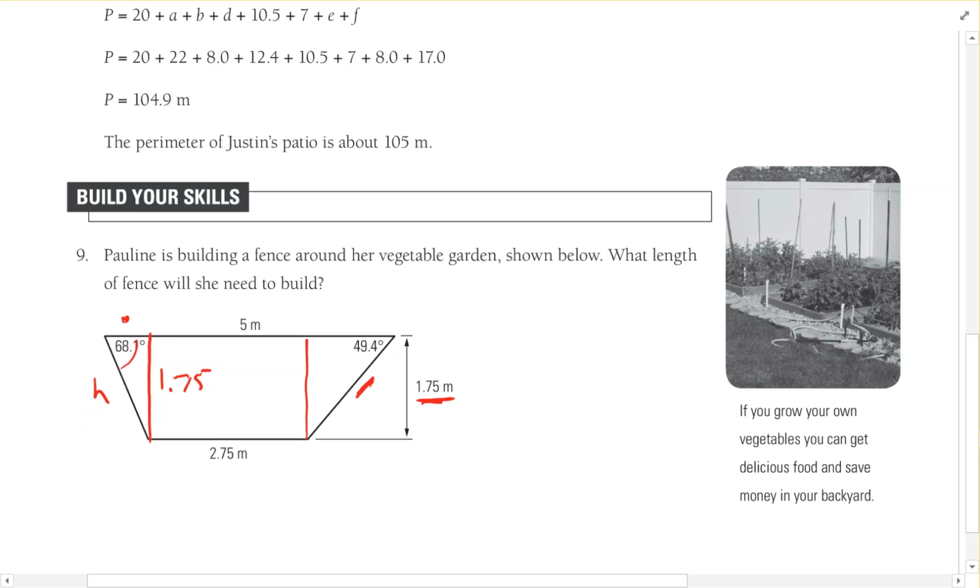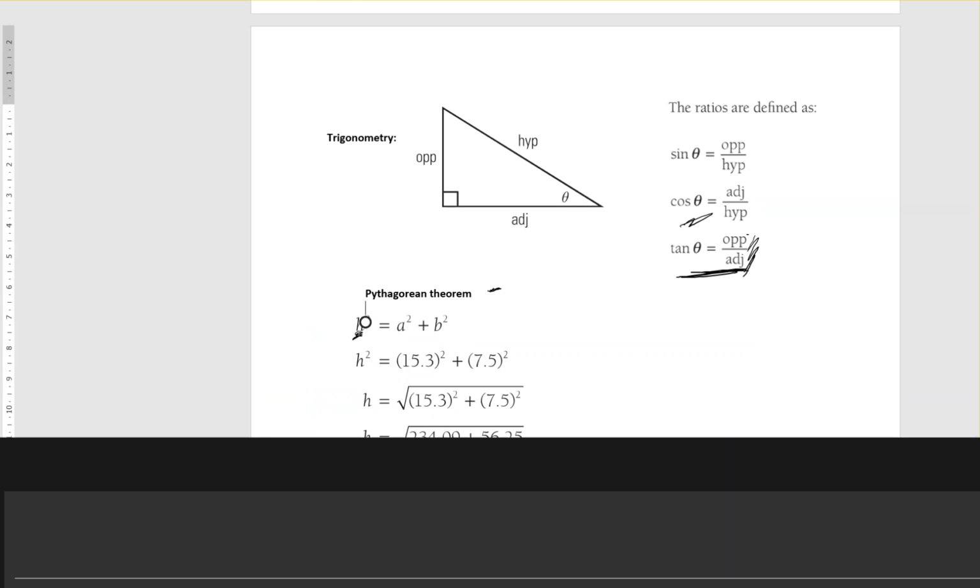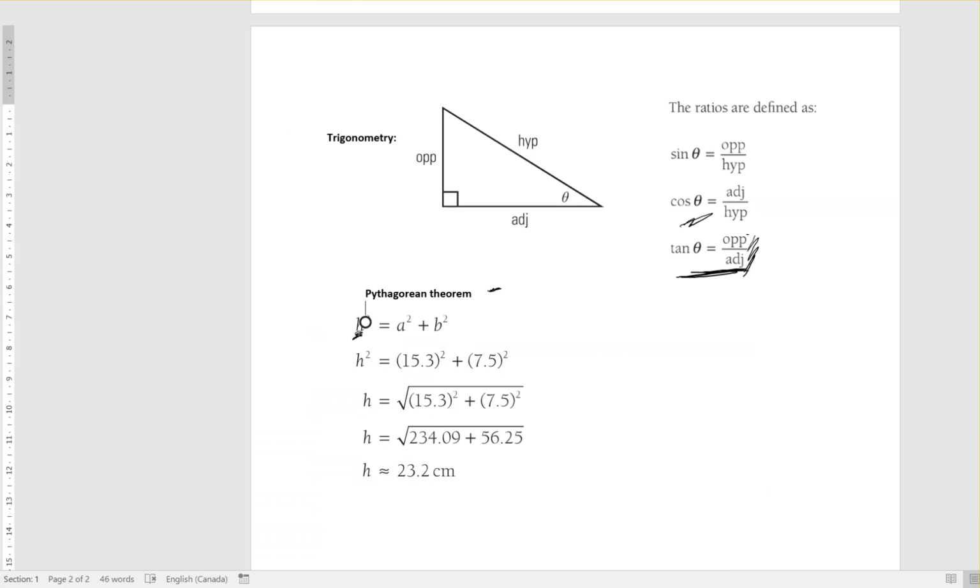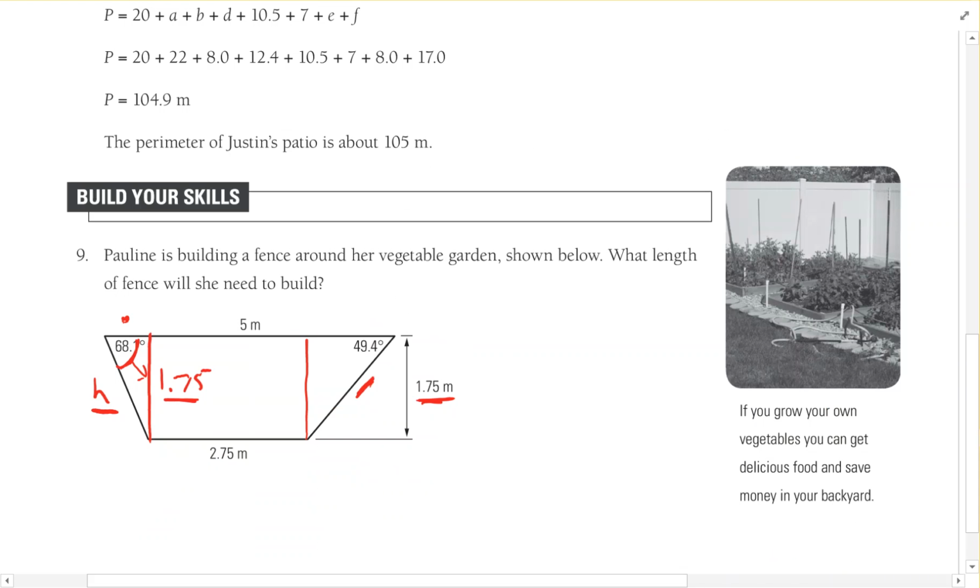But then we know this angle here, right, 68.1. So now we know the opposite, this is on the opposite side, and we're looking for the hypotenuse. So which of our ratios deals with opposite and hypotenuse? Well, that's sine. So sine theta is equal to opposite over hypotenuse.